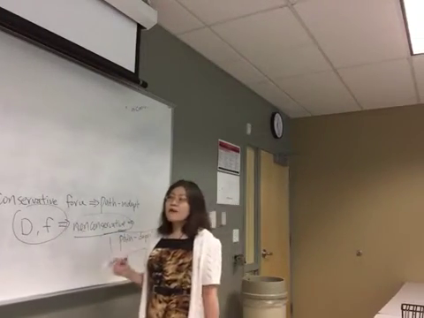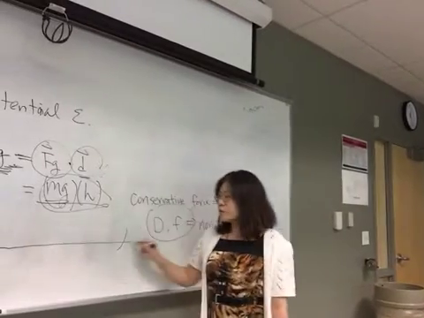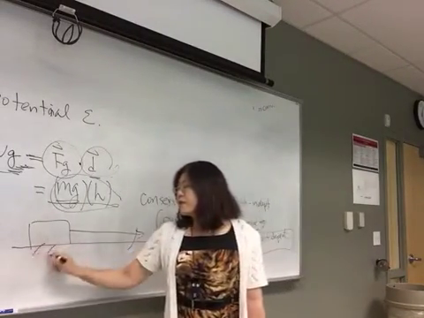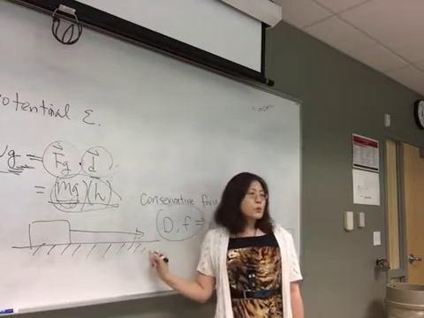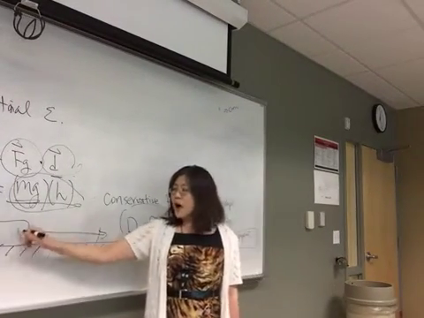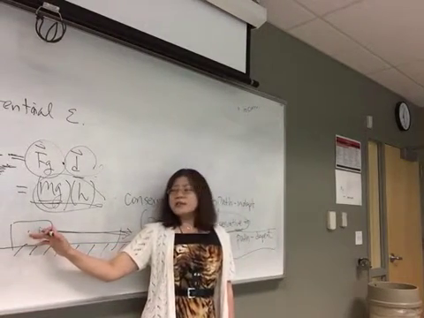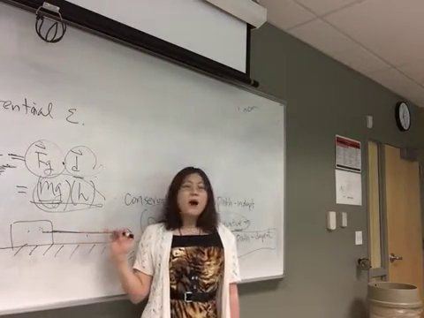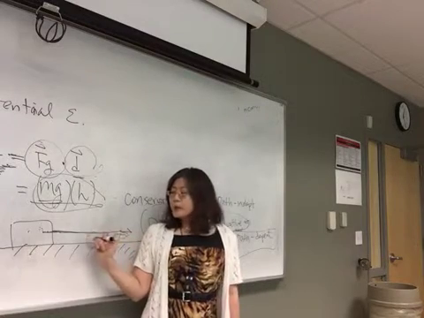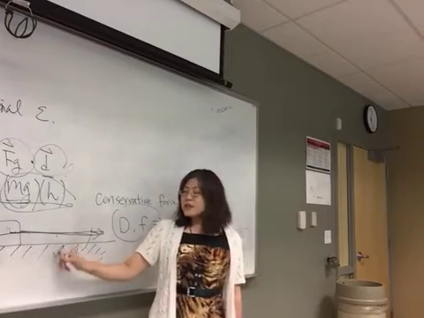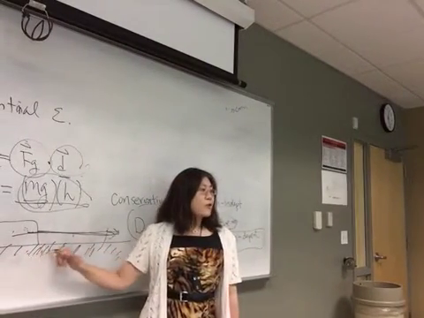So in other words, let's say you have an object that's sliding across the floor, and there's friction between the block and the floor. When the object is moving, the velocity is going to decrease. Why does the velocity decrease? That's because as it moves over this distance, energy is being dissipated, or taken away, by the frictional force.